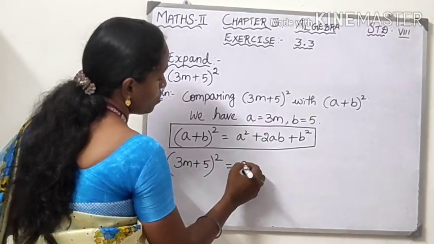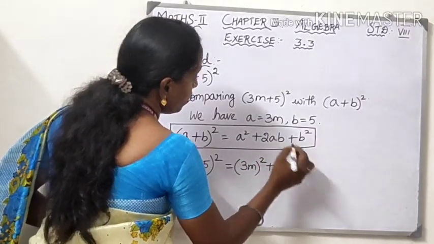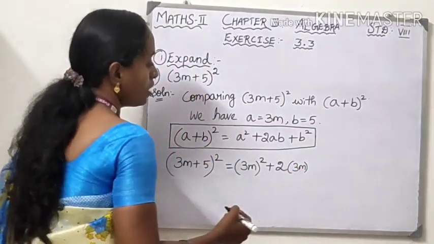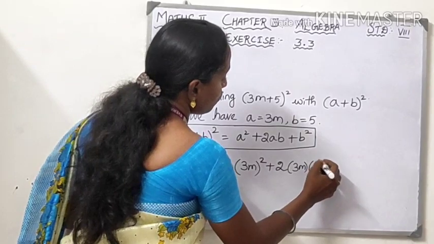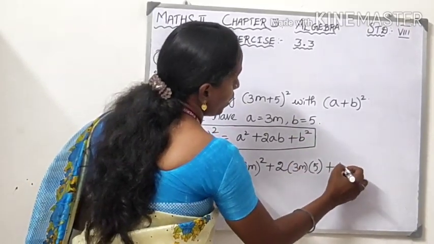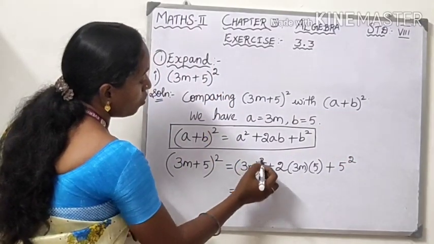It is 3m. So (3m) the whole square plus 2, a value is 3m, so give the bracket and write 3m inside that. Then what is the b value? It is 5, so inside the bracket 5. Plus here we have b square. So b value is 5, so you can write 5 square.